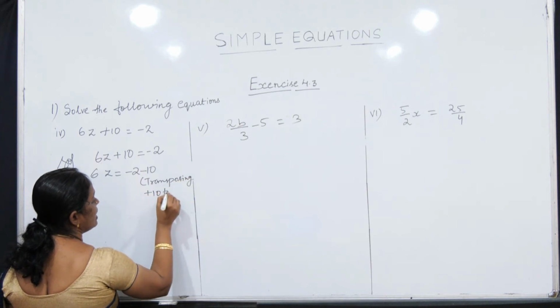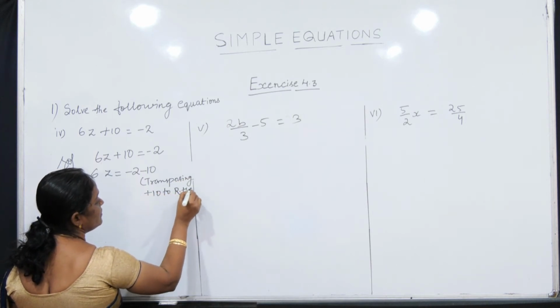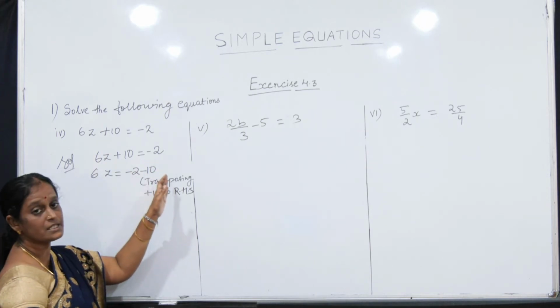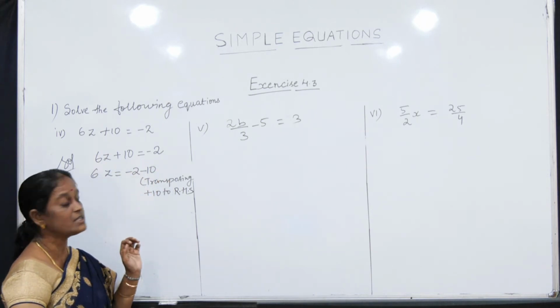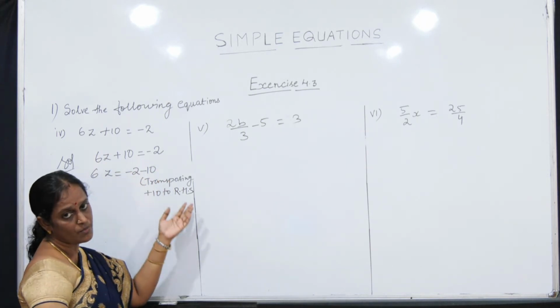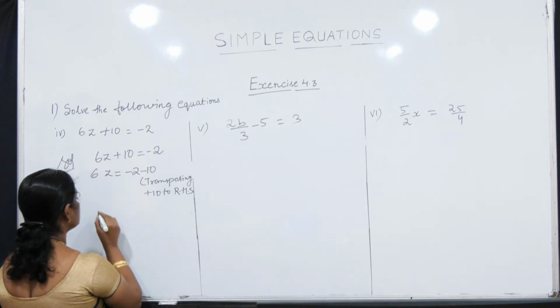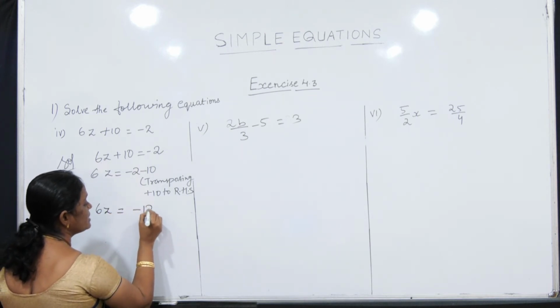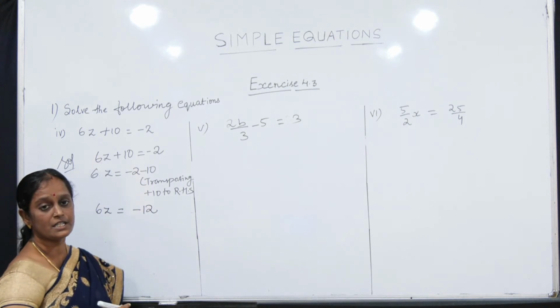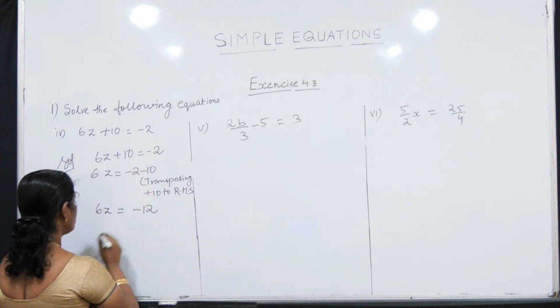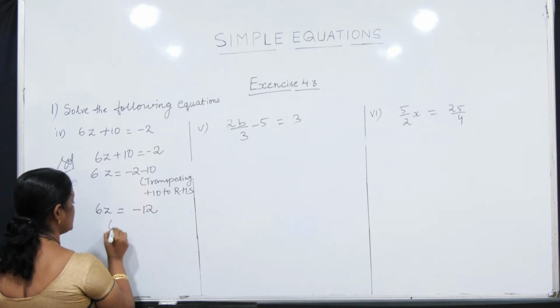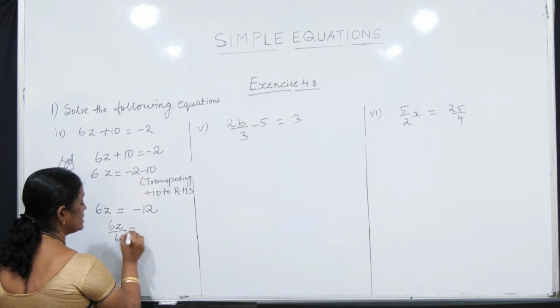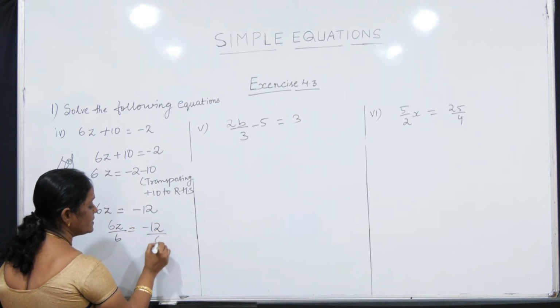When we transpose plus 10 to the RHS, the sign changes and it becomes minus 10. So here 6z is equal to minus 2 minus 10, which is minus 12. Now dividing both sides by 6, 6z divided by 6 is equal to minus 12 divided by 6.